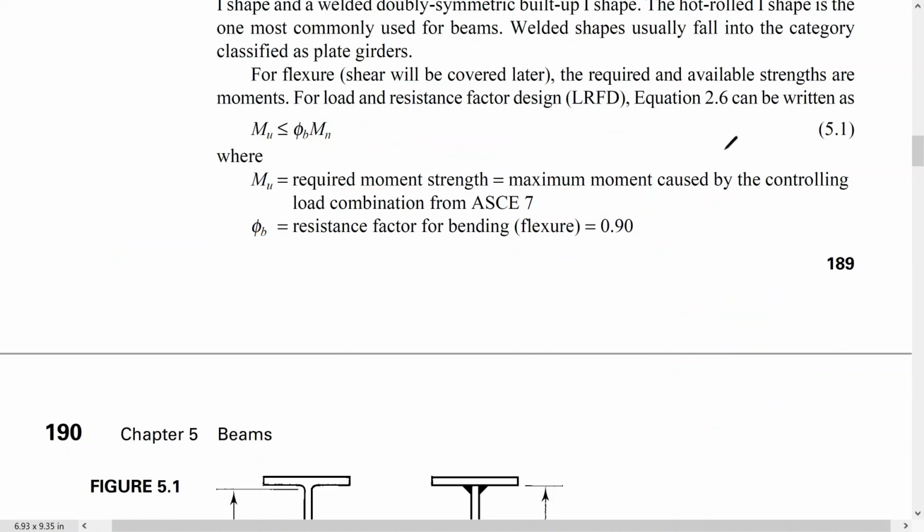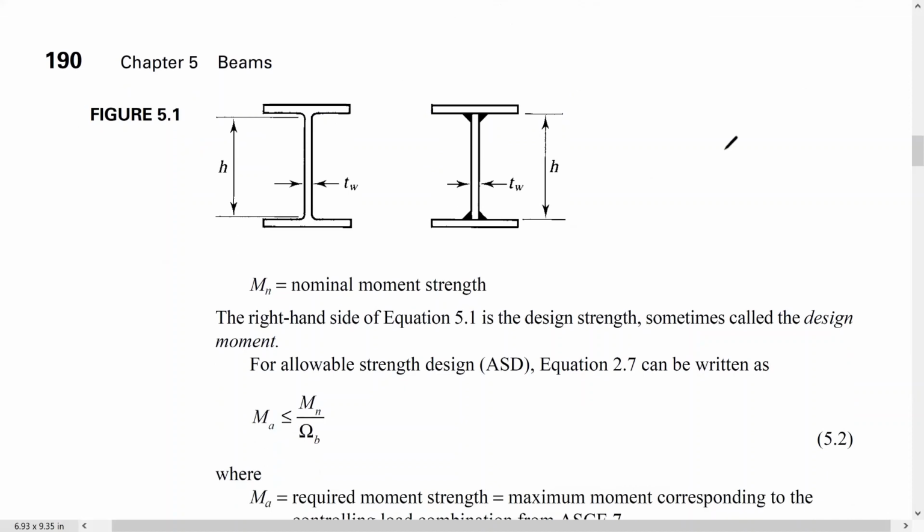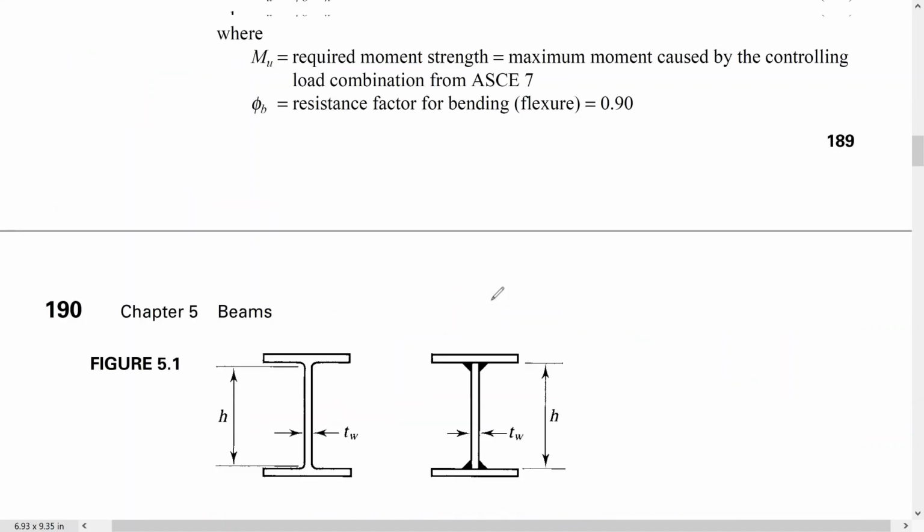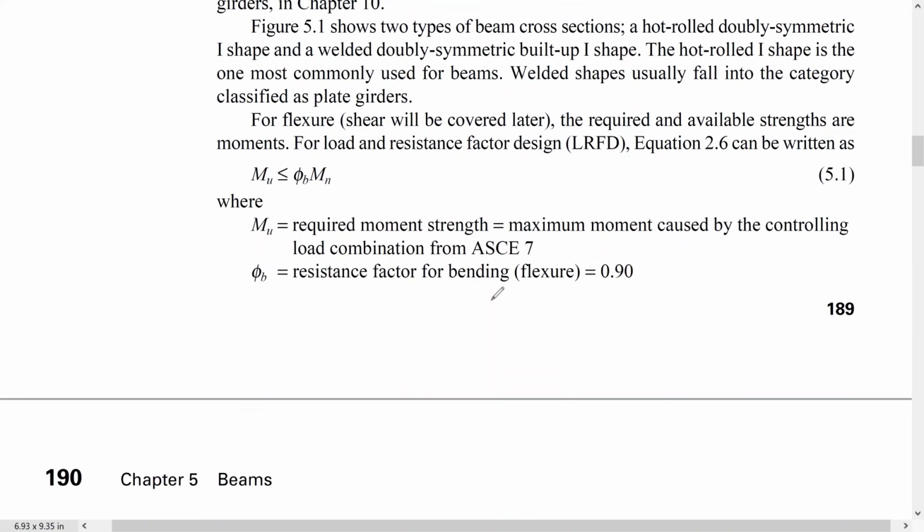So this side of the equation, which is the right side, is what we call the design moment strength.